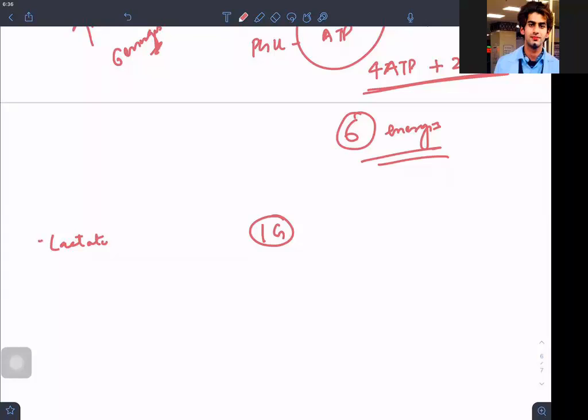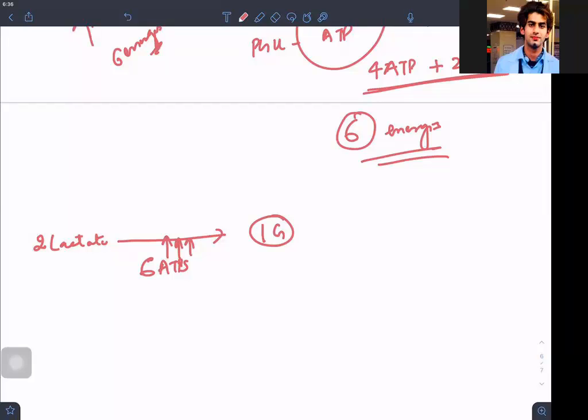I will need 2 lactate and invest 6 ATPs. So I would need 6 ATPs and 2 lactate molecules to form 1 glucose.